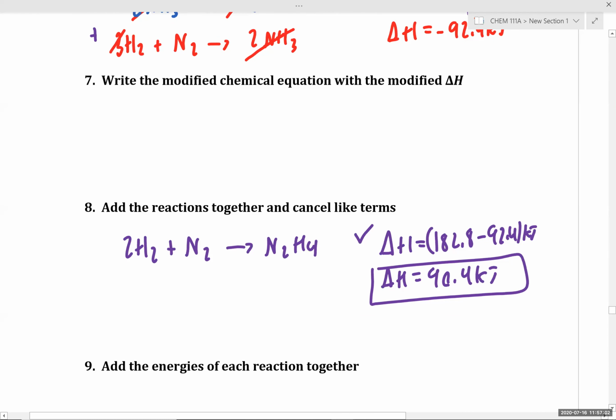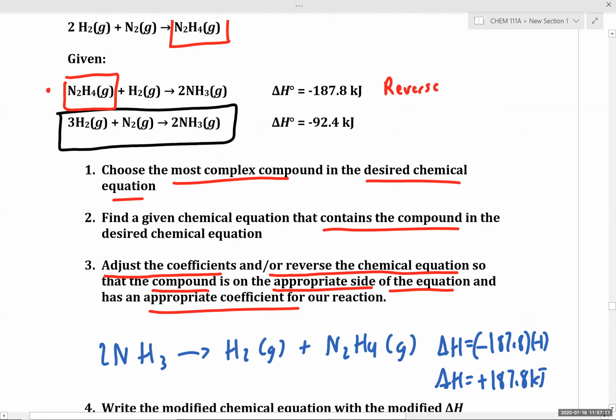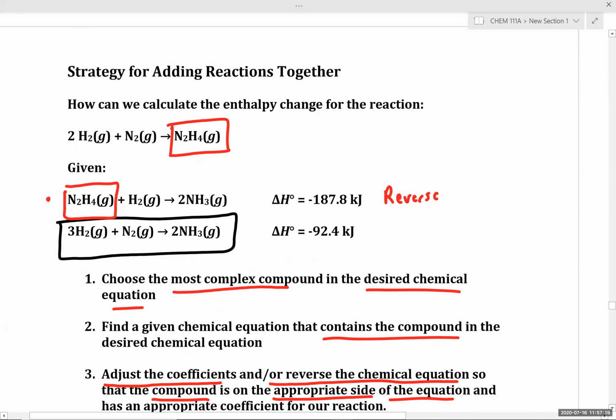So this is how we've calculated the enthalpy of this unknown reaction using the given enthalpies for two or more known reactions.